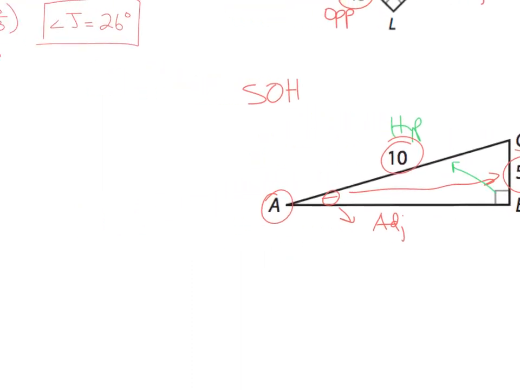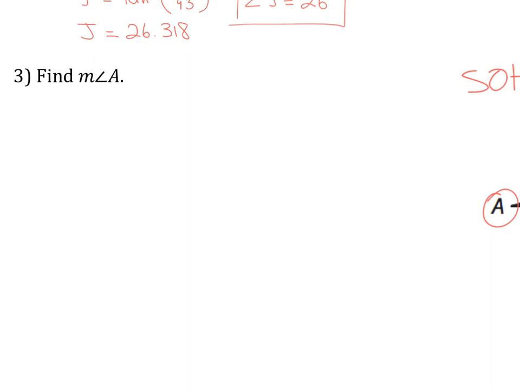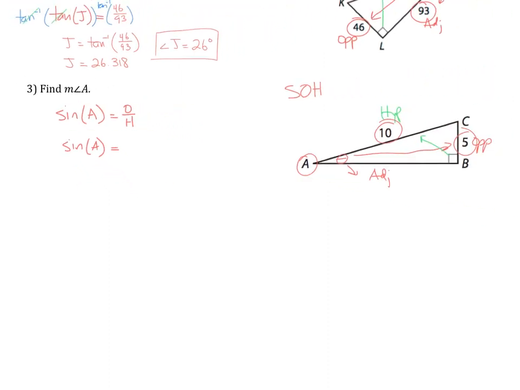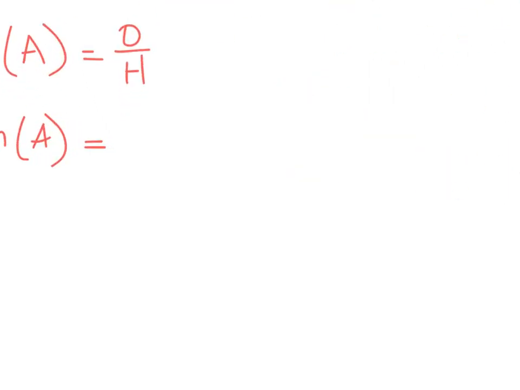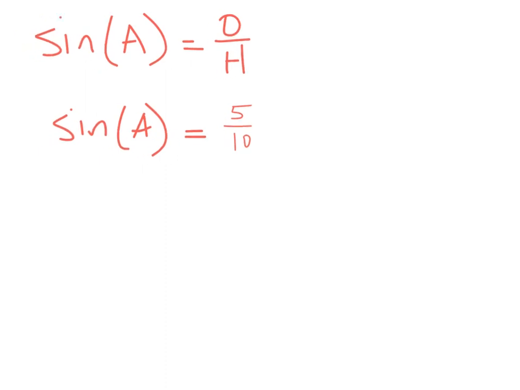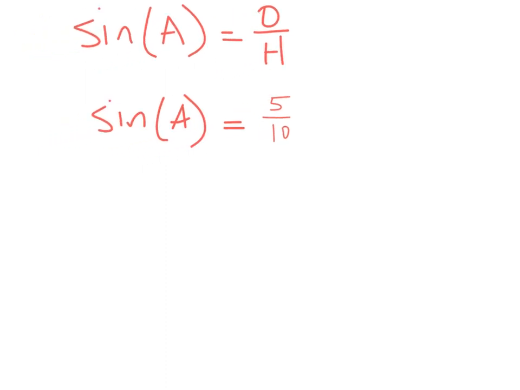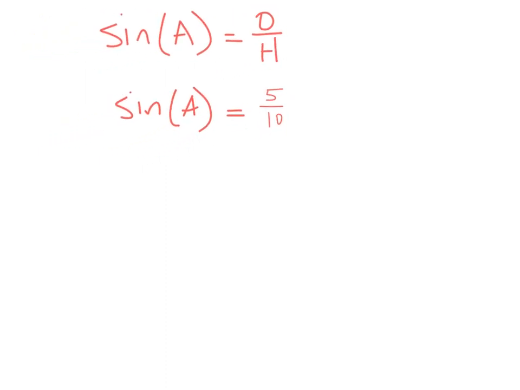So we're going to set this up. Sine of A is opposite over hypotenuse. Sine of A is 5 over 10. And again, I want to get rid of the sine, so I'm going to do the opposite of sine, which is sine inverse.